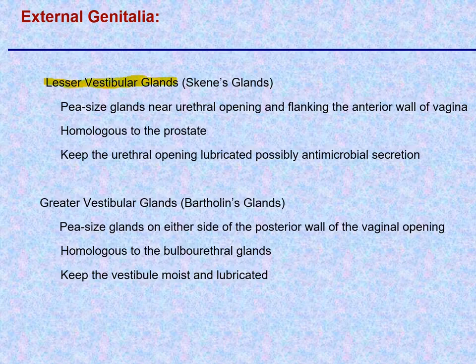These glands keep the urethra lubricated. It's not completely certain what the exact function is, but the secretion from these glands possibly has an antimicrobial effect. These glands are believed to be homologous to the prostate of the male.